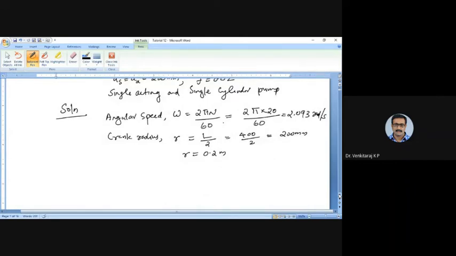Now to find the power requirement of the pump, here nothing is mentioned about the air vessels fitted in the suction and delivery side. So we can write the equation for the theoretical power required for the pump.